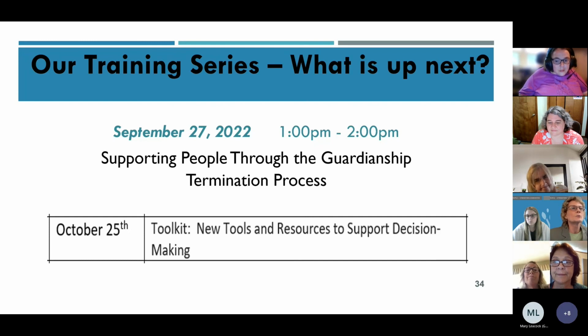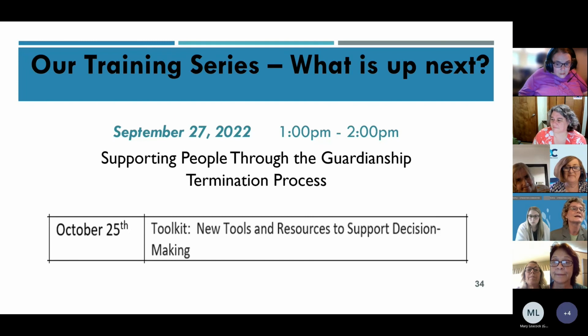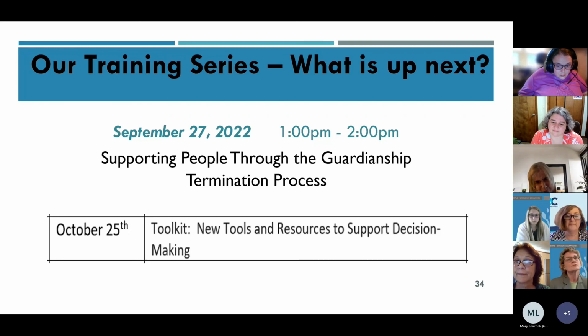And then in October, the state supported decision-making work group has been working on a toolkit that brings all these resources together for individuals to have. We're hoping we will have that completed and be able to present it in October. We're still working on that as a group as best as we can, and it takes a lot of time and effort, but we're excited that we'll be able to provide that to individuals.